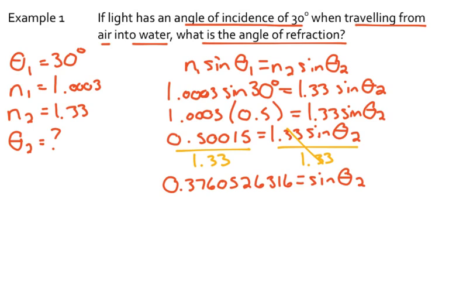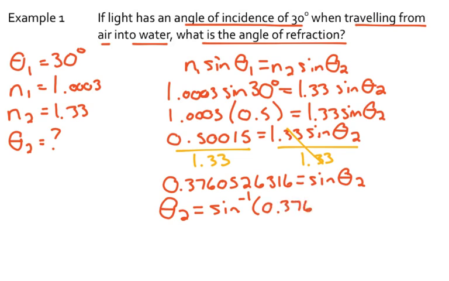And to get theta 2, in other circumstances, just dealing with straight numbers and straight algebra, we would divide by sine. That's not possible with trig functions, with any kind of functions like that. So in order to do that, we actually need to do the inverse function of sine, which on the calculator will look like sine with an exponent of -1. It's technically called the inverse sine or the arc sine.